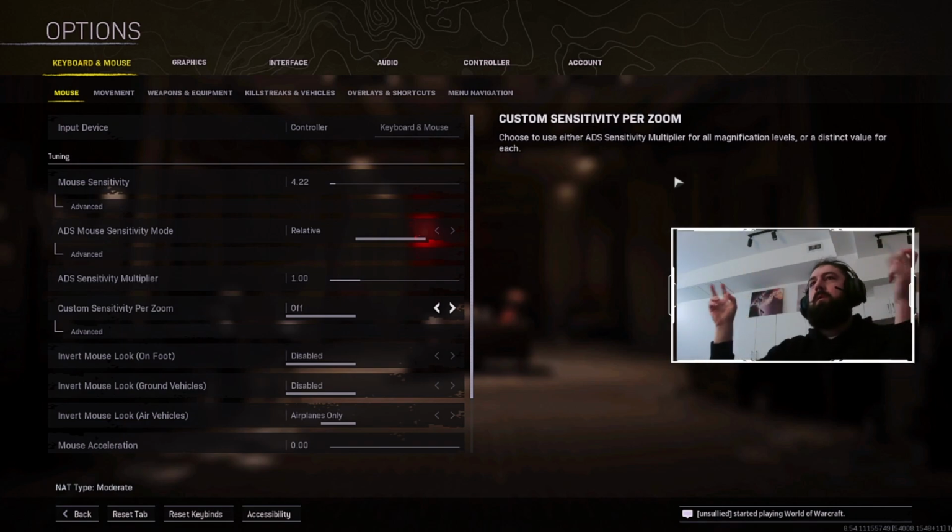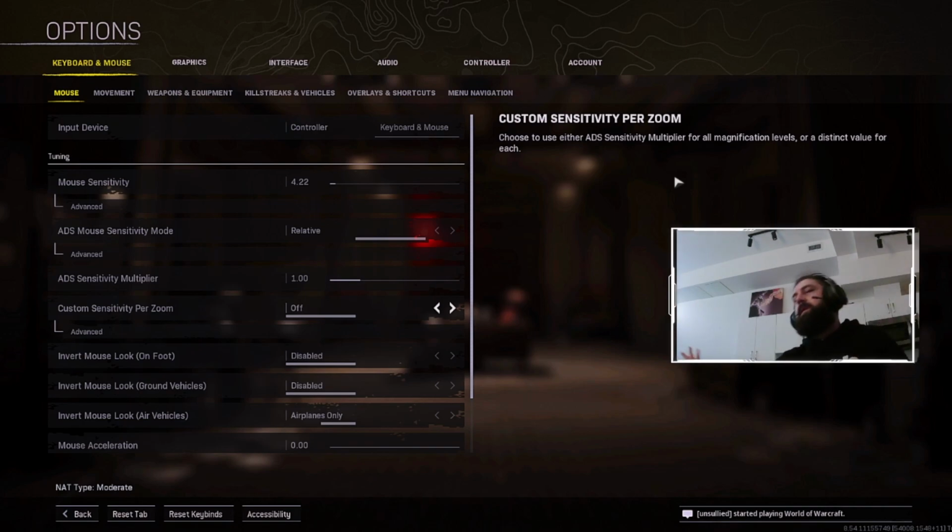It'll be your actual movement speed or your mouse sensitivity, that's what we'll call it. If you had, let's say, 800 DPI and your mouse sensitivity was 8, I think, you'd get the same number.